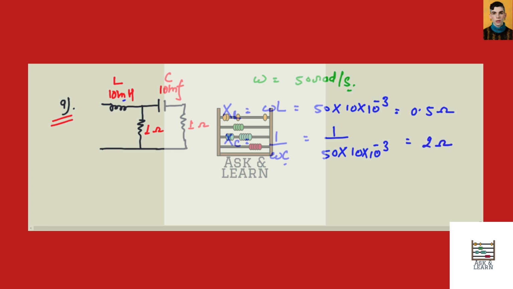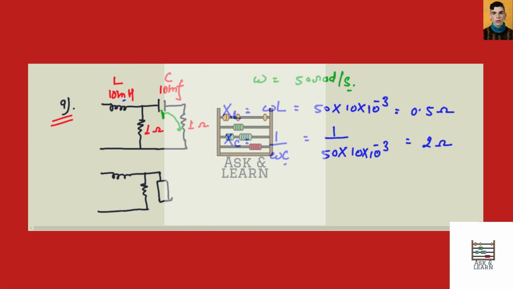Now, as you can see in the circuit, these two elements are in series, so we can directly get the value of the equivalent impedance. If I redraw the diagram, this is our inductance, this is our resistance. I'm just putting the equivalent impedance of these two elements.